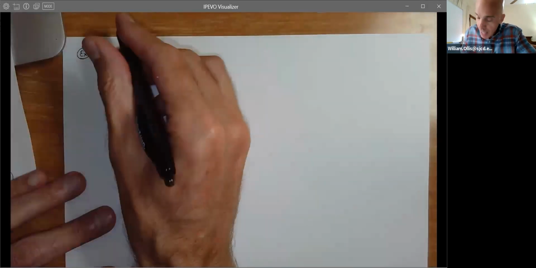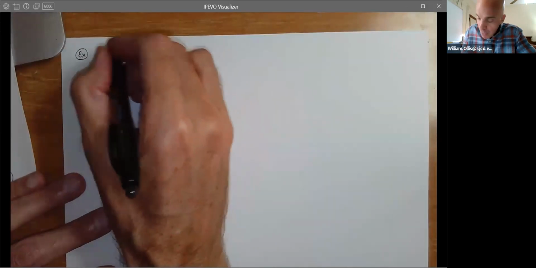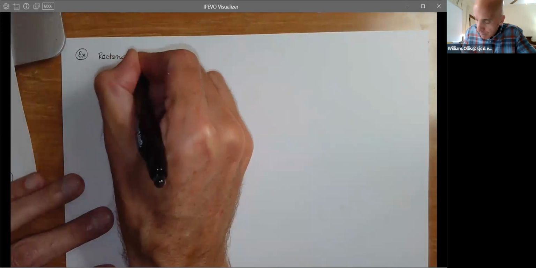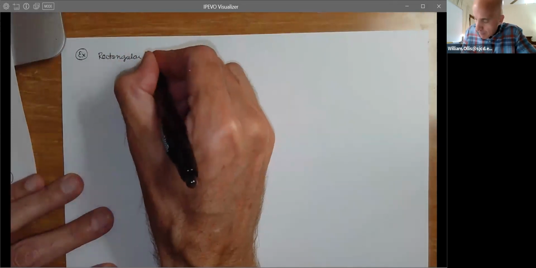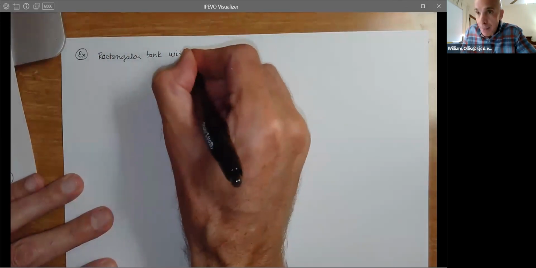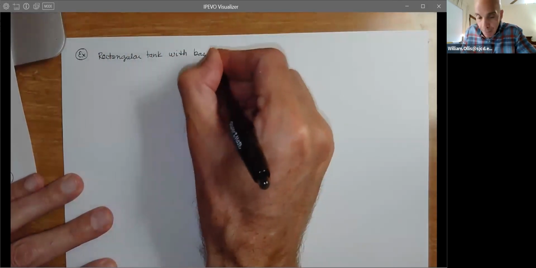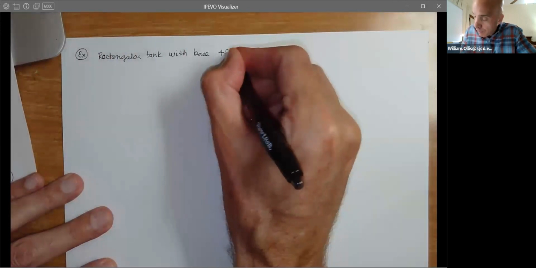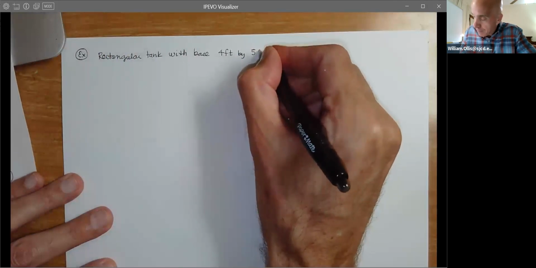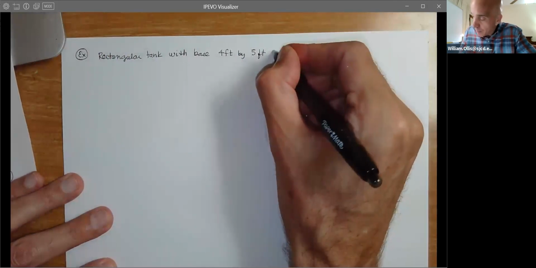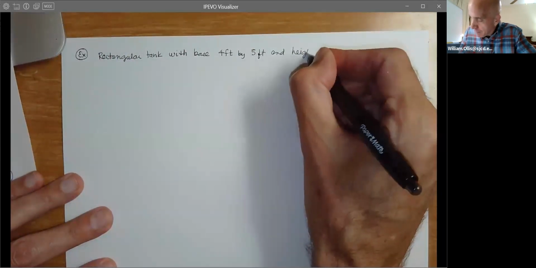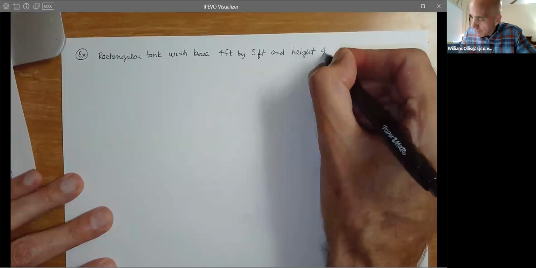So here's another WebAssign problem: a rectangular tank with base 4 feet by 5 feet and height 4 feet.